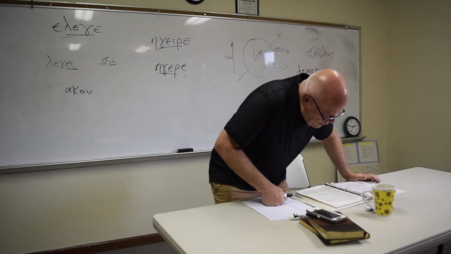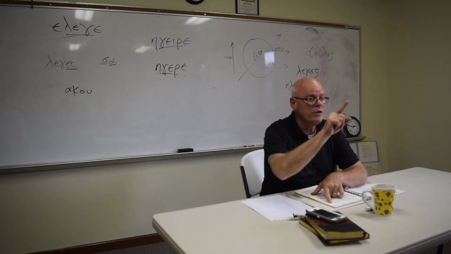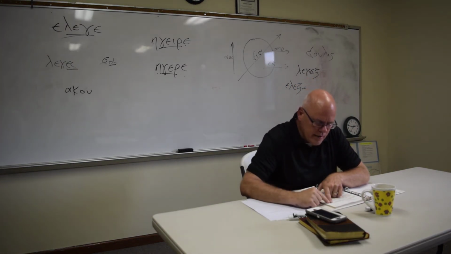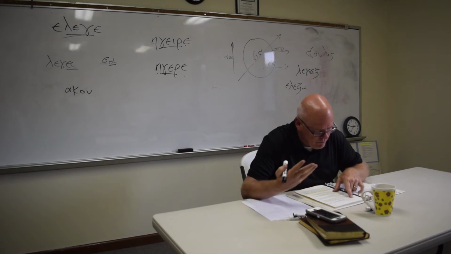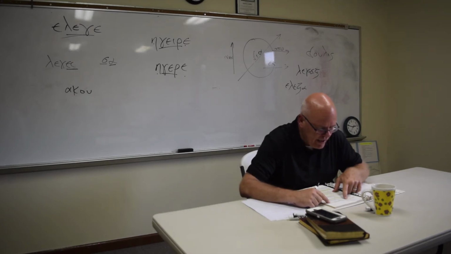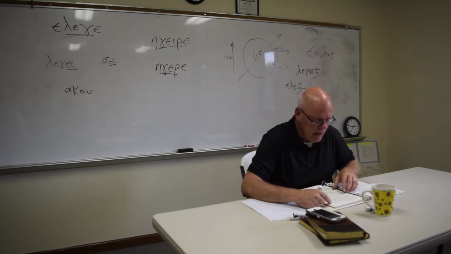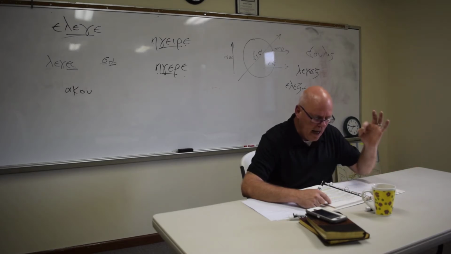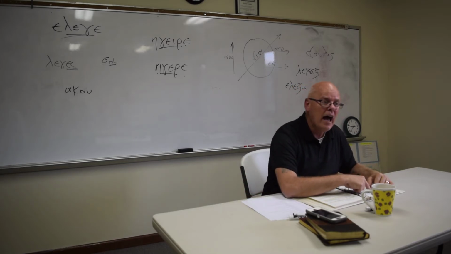Under the first attributive position on page 116, it says ho agathos basileus, which is the word for king, the good king. Notice you have the article and adjective, but your noun has no article.